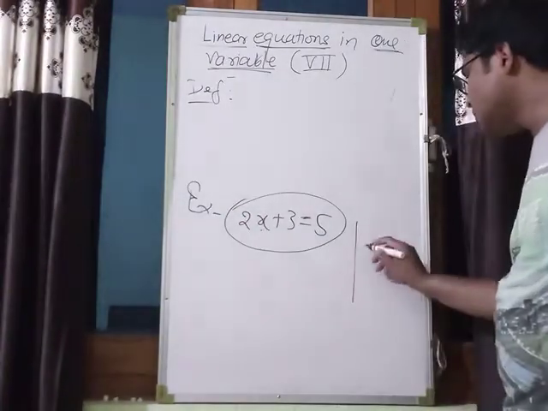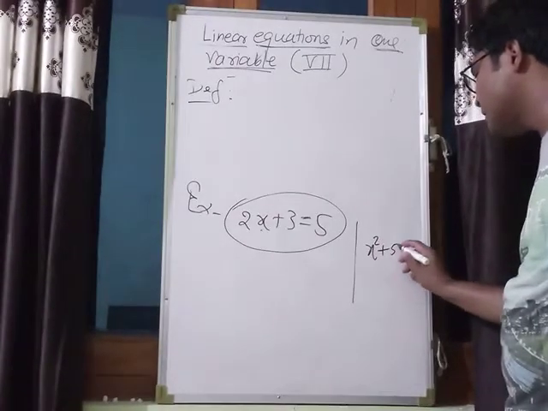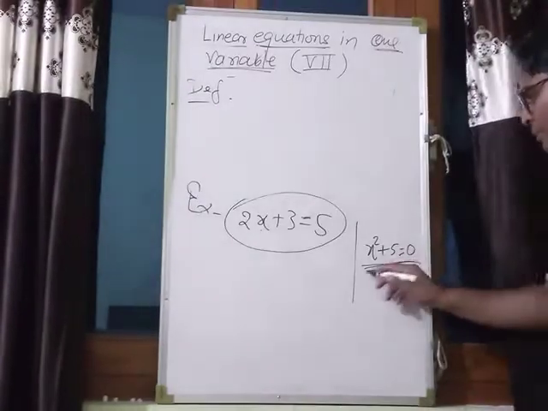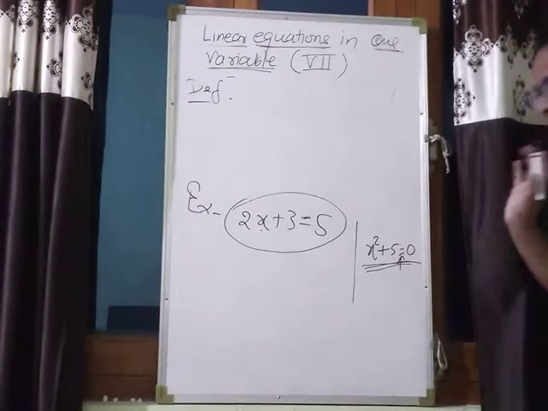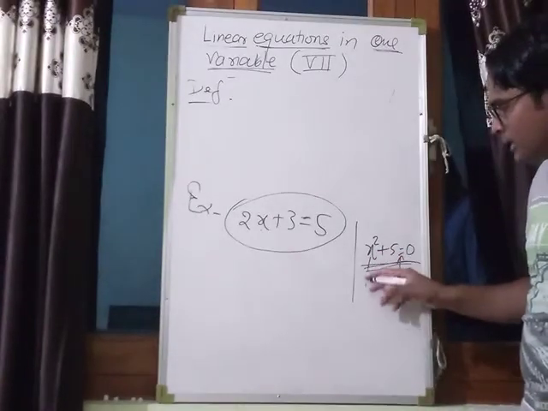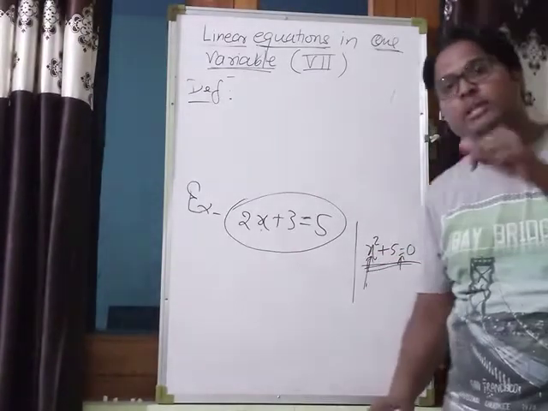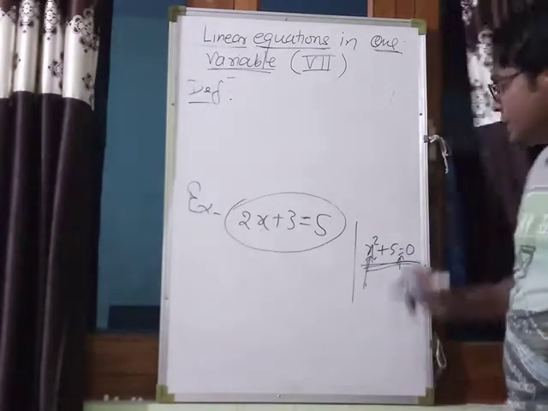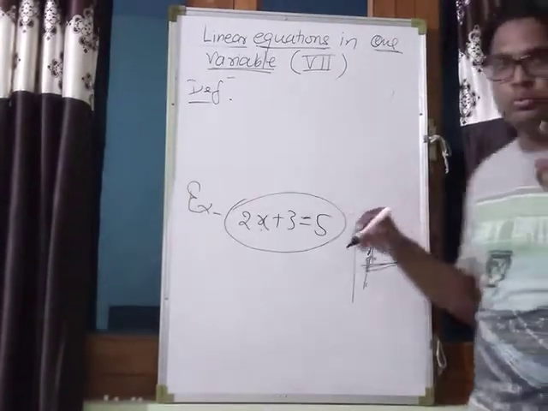See, x square plus 5 equal to 0. You can see this is also an equation. Why? Because equality is present there. Equal is present there. It has only one variable x. But its highest power is 2.